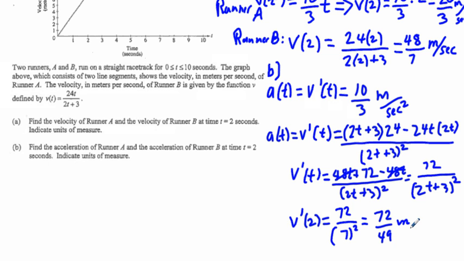That's going to be meters per second squared. So we have velocity, acceleration of runner A, acceleration of runner B, with proper units of measure.